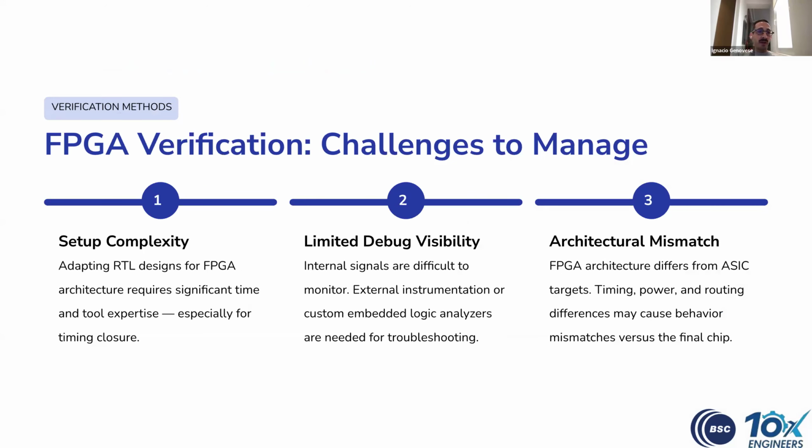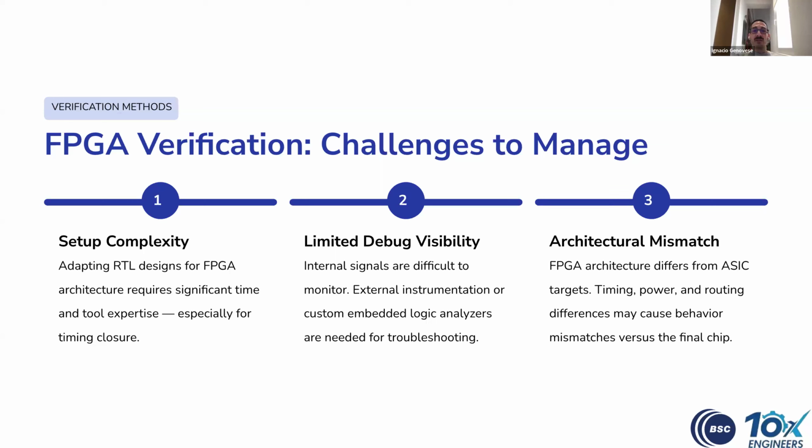The trade-off of FPGA verification, well, its debug visibility is low. It's hard to see what is happening inside the FPGA. You often need to have special logic just to have a peek of the internal signals of the design. Adapting the RTL designs for FPGA requires significant time and tool expertise, especially timing closure for FPGA.